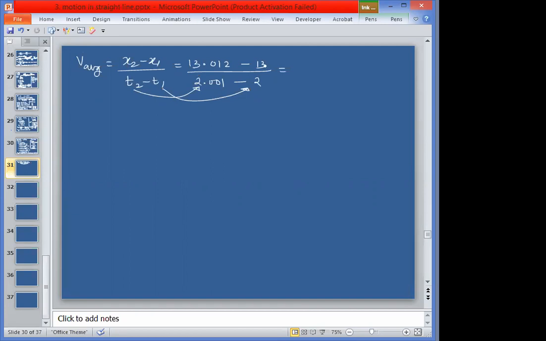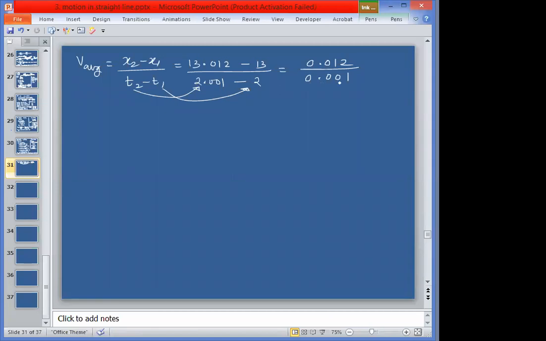So 13 minus 13 cancel, so it will be 0.012 divided by 2.001 minus 2, that will be 0.001.